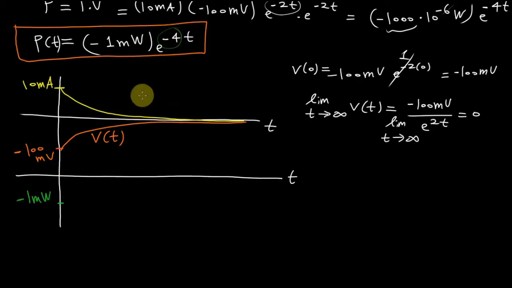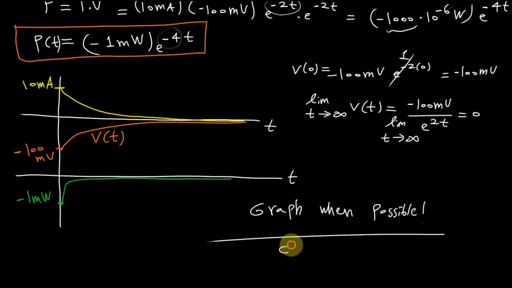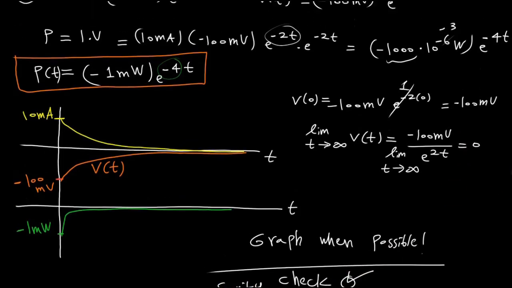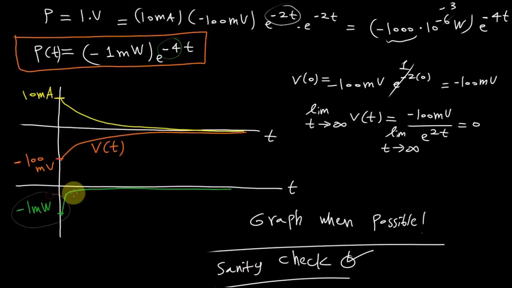It starts negatively and it goes to 0. So the point here is graph when possible, just to do a sanity check and see that things make sense. In this case, the power is being absorbed for t approaching infinity, because when t is greater than 0, the power becomes less and less negative and goes towards 0.